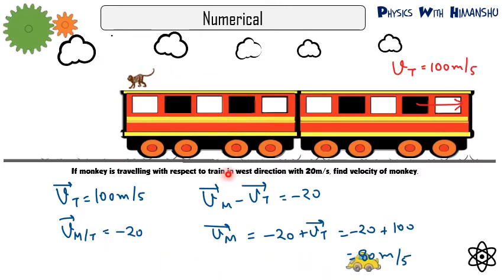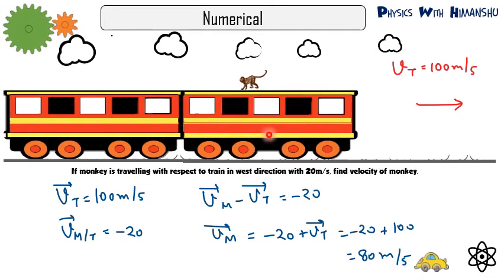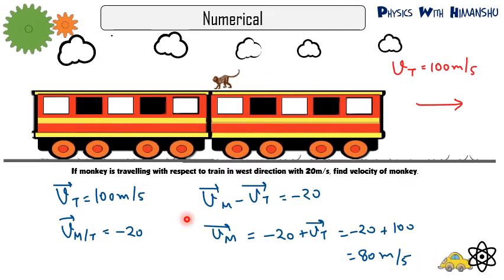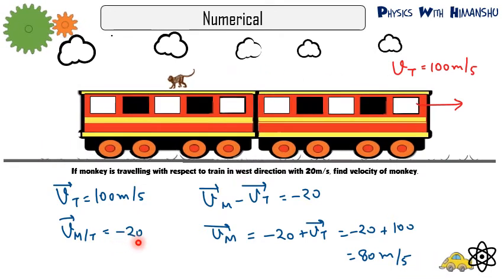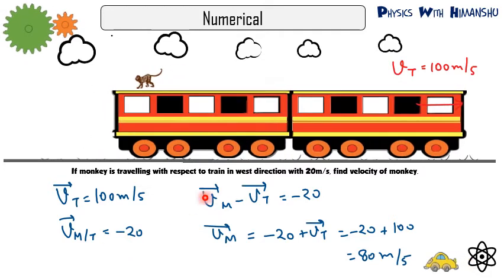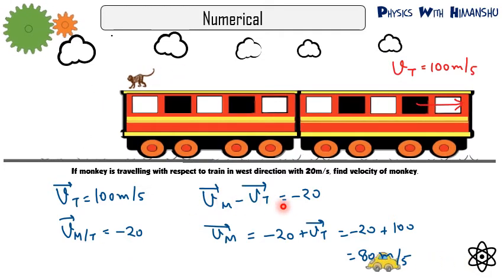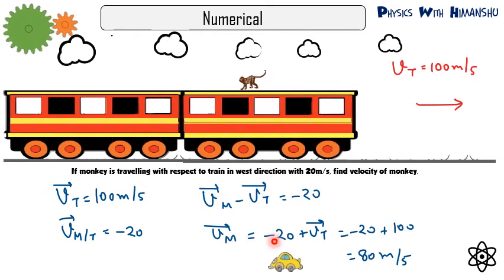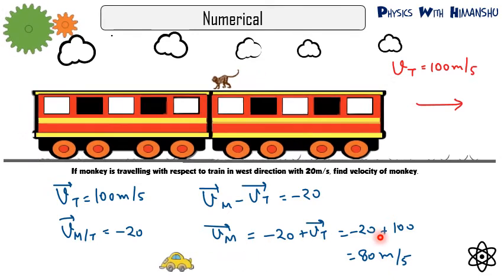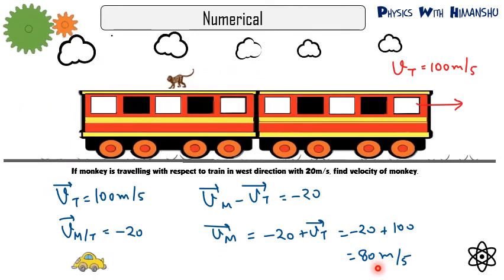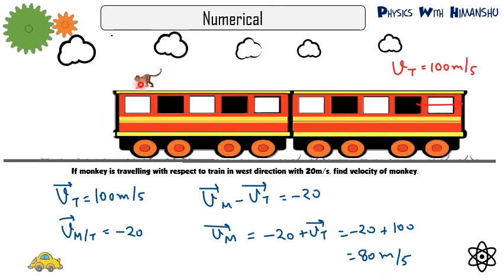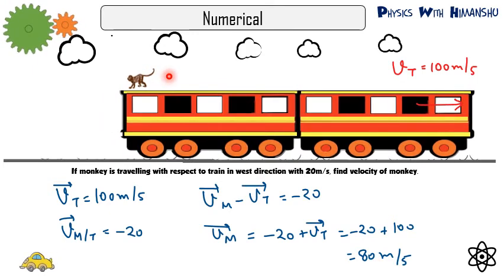Why minus? Because in west direction. So east direction is positive, west is negative. So Vmt will be Vm minus Vt. So Vm minus Vt is minus 20. So Vm will be minus 20 plus Vt. So minus 20 plus 100 will come out to be 80 meter per second. So in reality, the velocity of monkey is 80 meter per second.